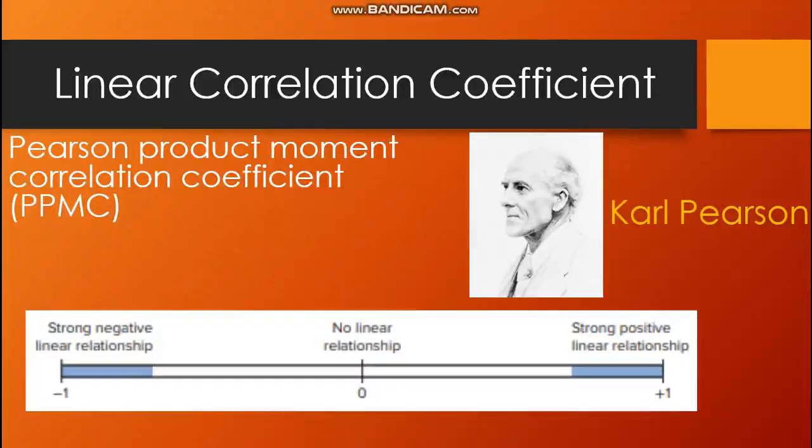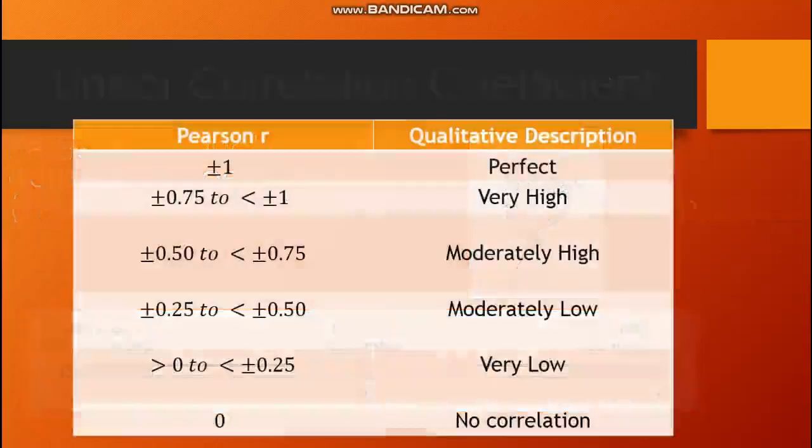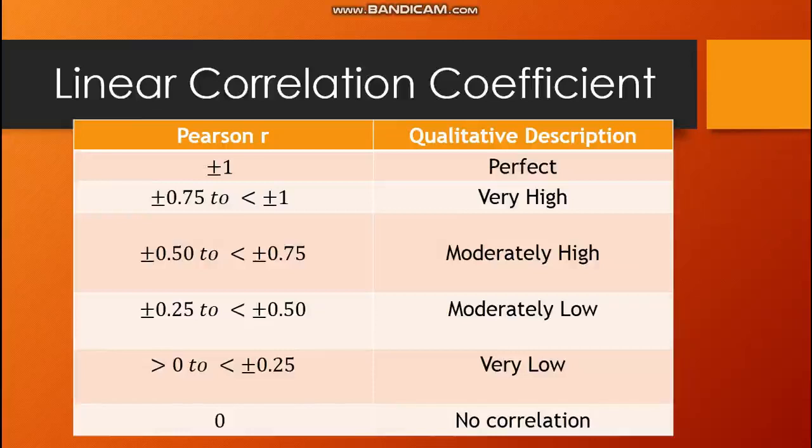And if there is no relationship between the two variables, no linear relationships, ang value ng ating R will be equal to 0. Okay? And I have here the table that will guide us about the value that we're going to get about the correlation coefficient and its equivalent qualitative description.